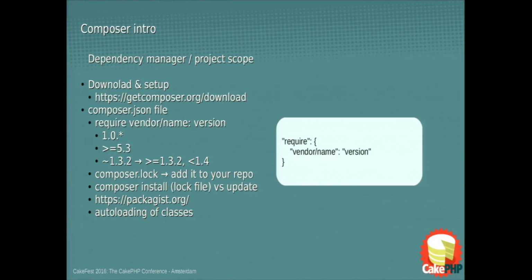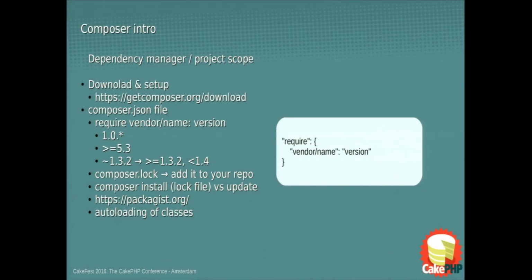Basically, Composer is a way for you to manage all the dependencies per project and also update and keep restrictions on the packages you're using in your project. So you could define, for example, I want to use version 1 of this package, but I don't want to update it automatically, because it could break backward compatibility.